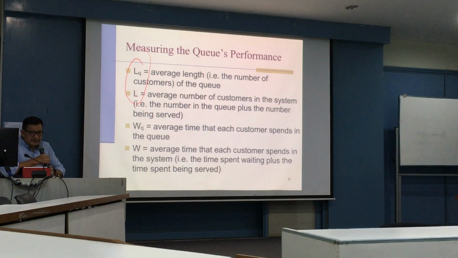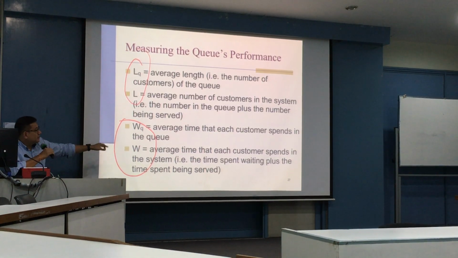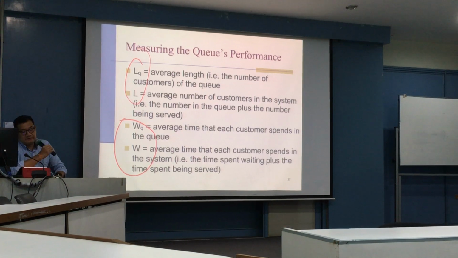The next ones are WQ and W. Once again, we have the subscript Q, which means just in the line. So WQ refers to the average time that each customer spends waiting in the queue or in the line.